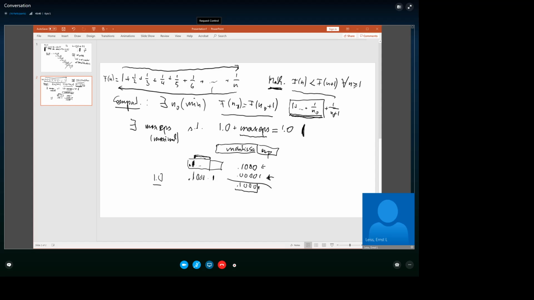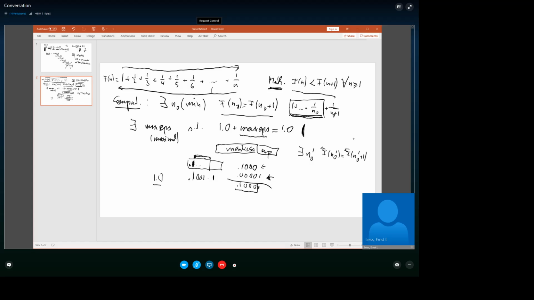What is going to happen is that, yes, we're going to have a similar situation. There exists another n0 prime such that f n0 prime is equal to f n0 prime plus 1. And let me put a backwards arrow on top of the f to denote that I'm going to go from the smallest term towards the largest term.